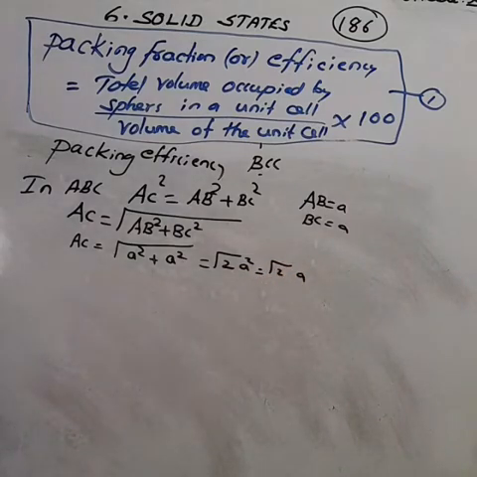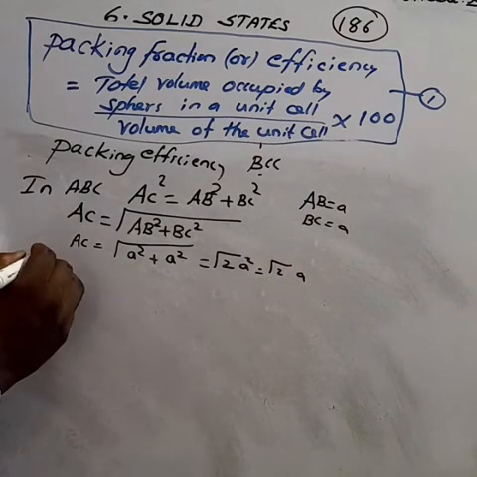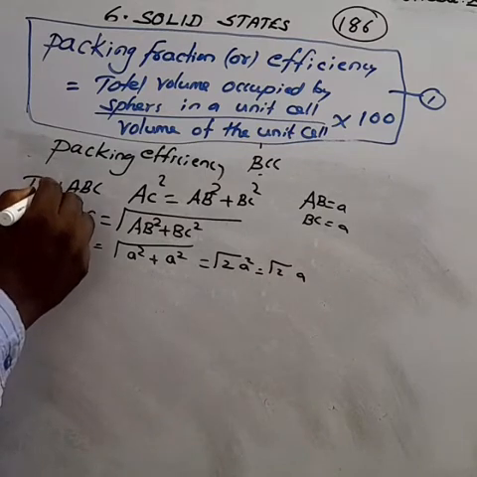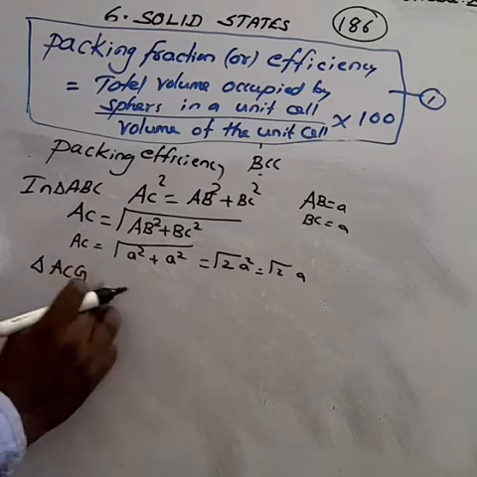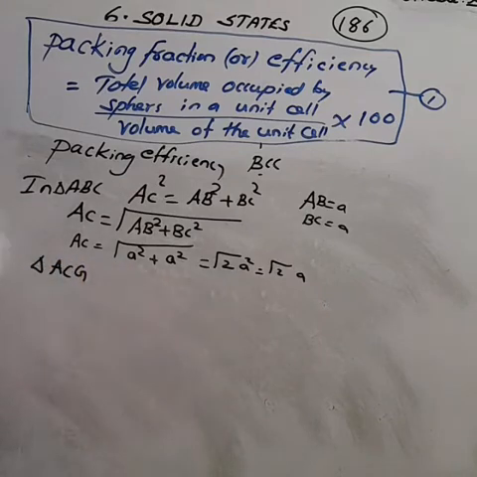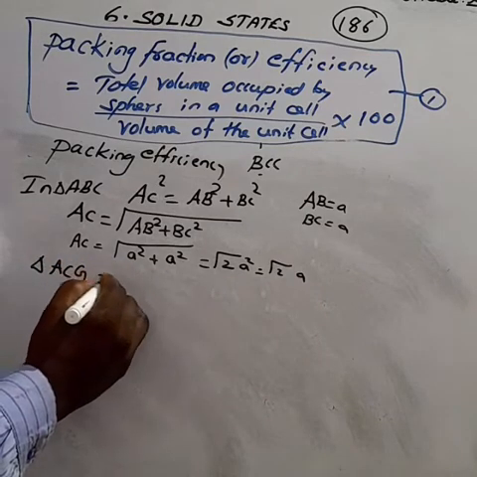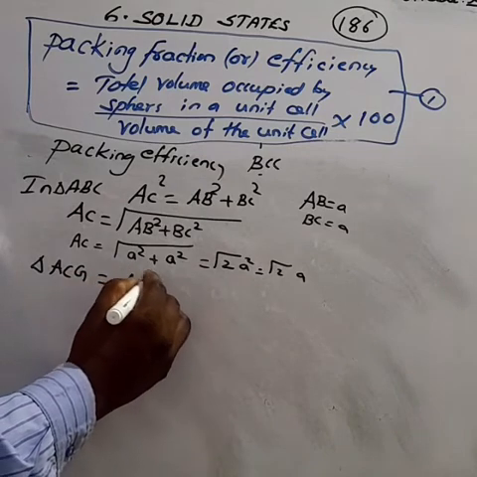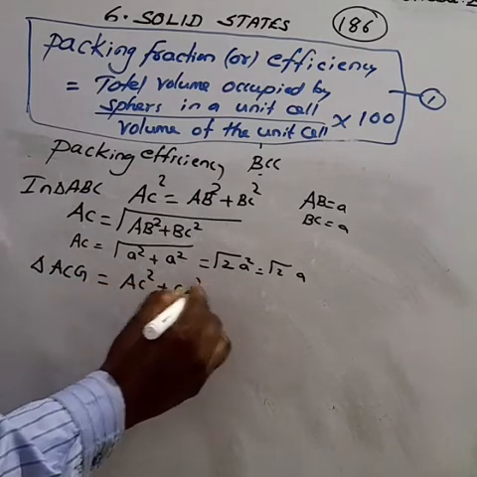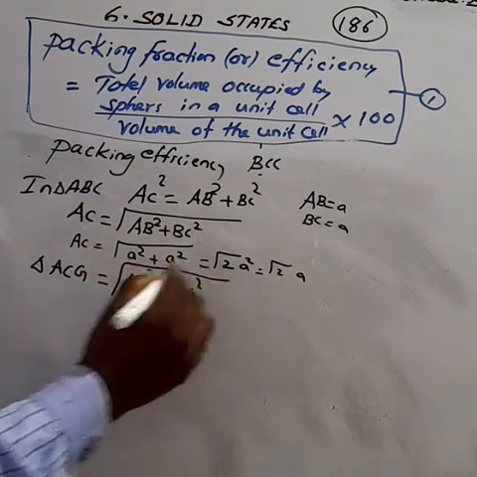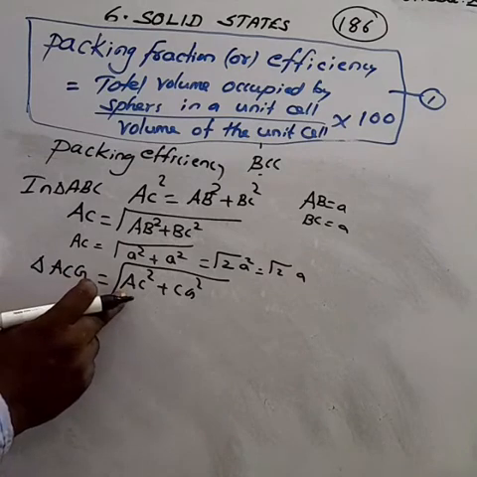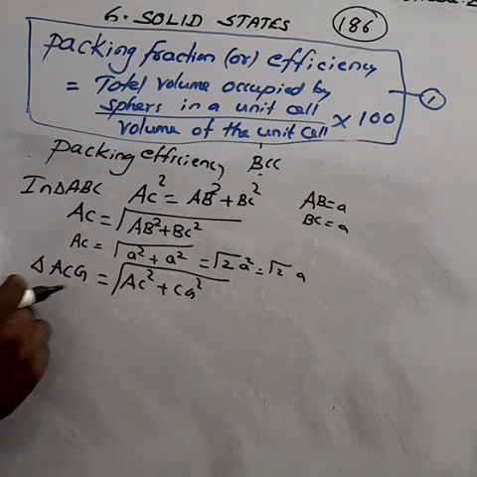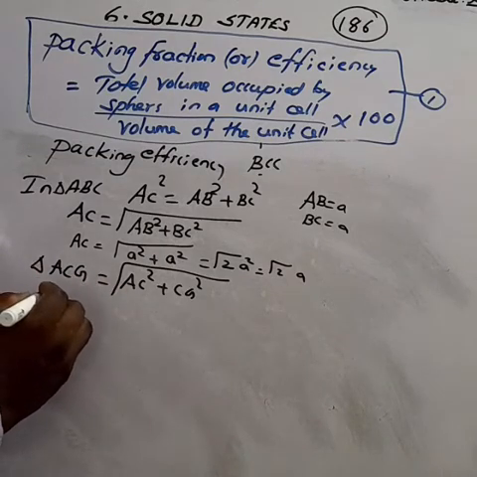Next triangle, triangle ACG. As per the diagram, AG square is equal to AC square plus CG square.